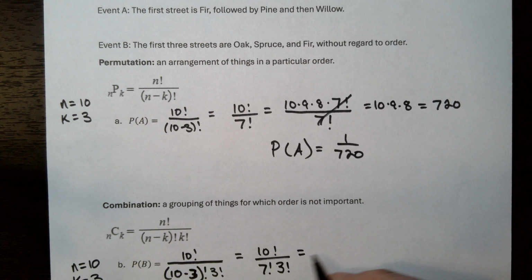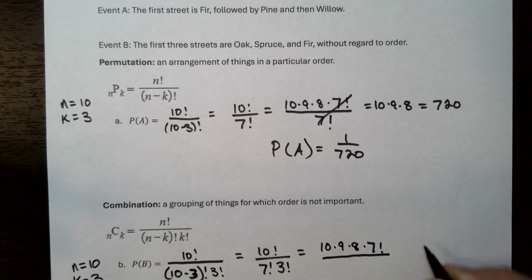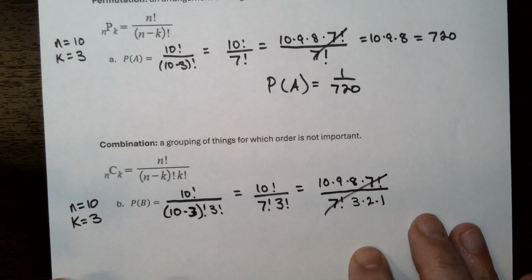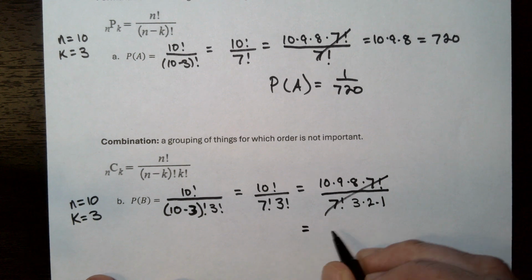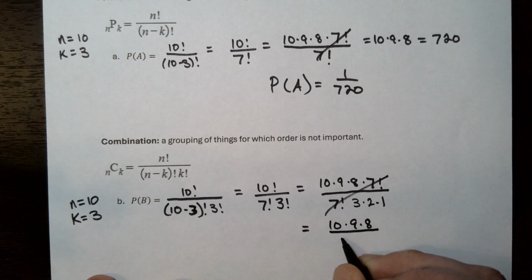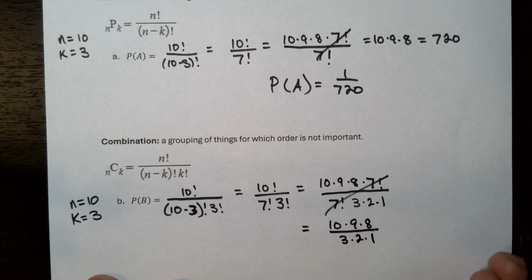Okay, I'll rewrite the top as 10 times 9 times 8 times 7 factorial, because I know there's a factorial on bottom. It's right there. Okay, and then for the 3, I have 3 times 2 times 1. So let's cancel out the 7 factorials. Okay, and that will give us 10 times 9 times 8 on top and 3 times 2 times 1 on bottom.